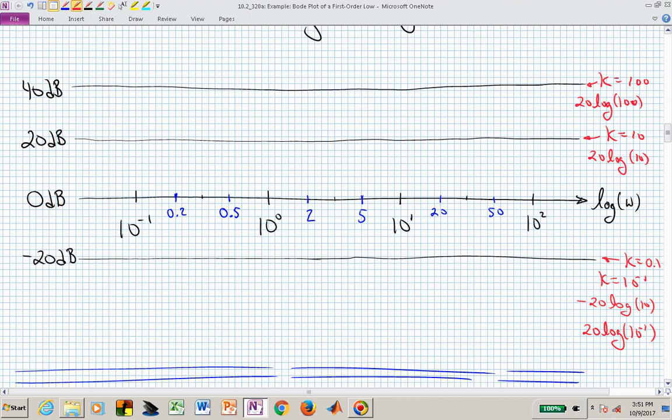I think you can anticipate what would happen for what's the gain value k to give us 0 dB. If we had a k equal to 1, now 20 log of 1, log of 1 is 0, we're right there on the 0 dB line.